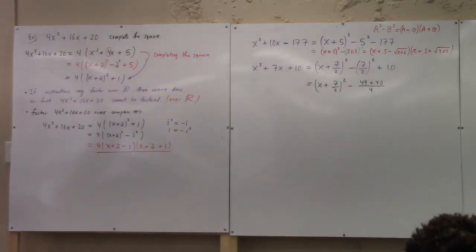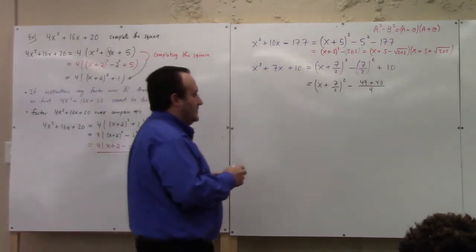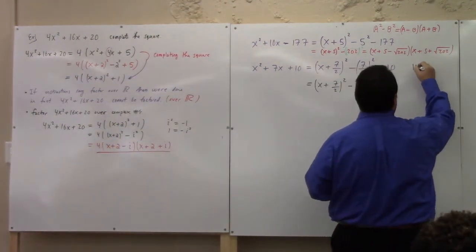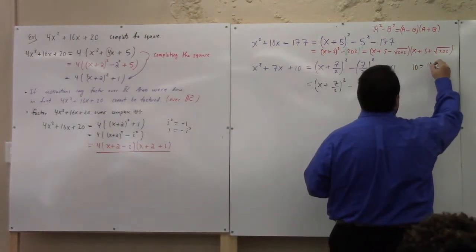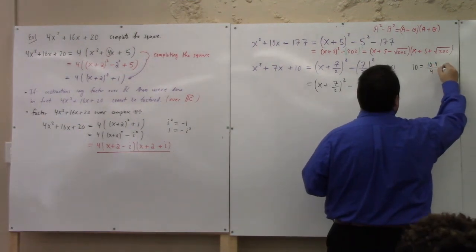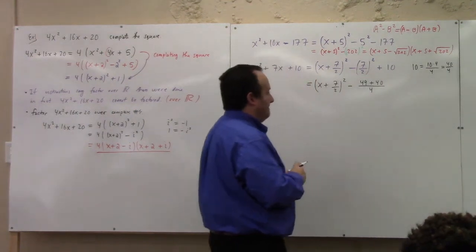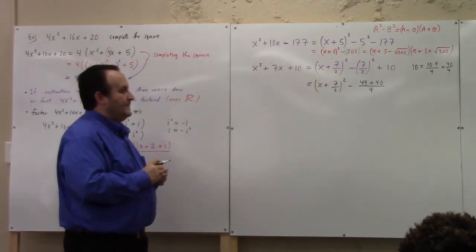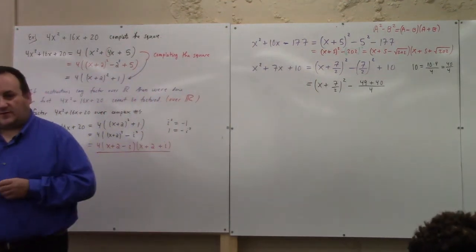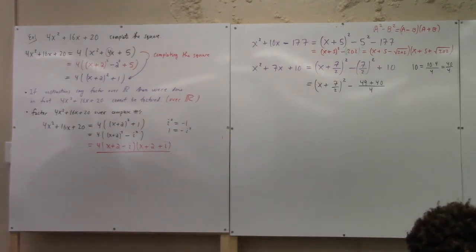Well, 10 is equal to 10 times 4 over 4, so that's 40 over 4. And it's plus 10, so plus 40? Wrong. It's a trap.